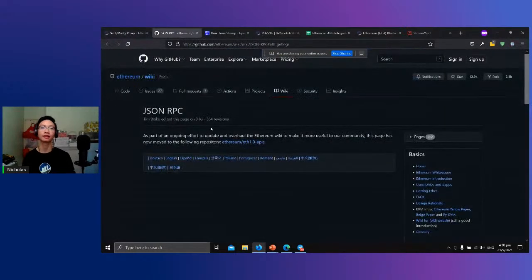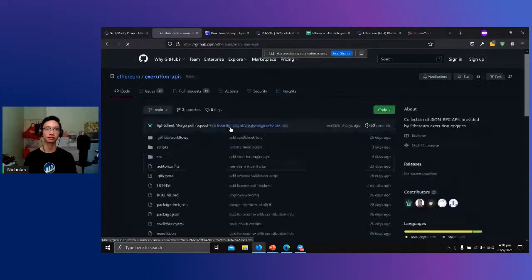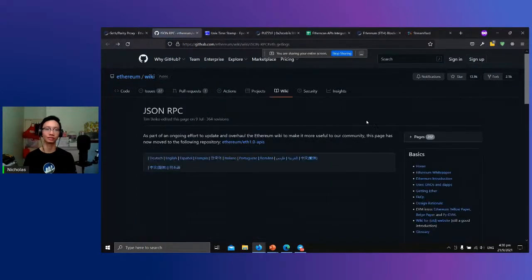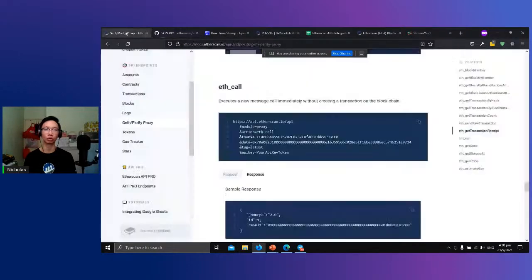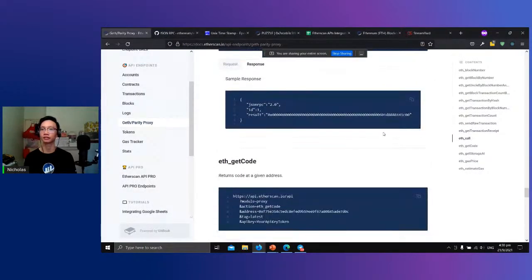Oh, they've moved, I suppose it's no longer on this page. Essentially, you can go through the standard JSON RPC documentation from Ethereum itself to understand more about what each of these endpoints does.